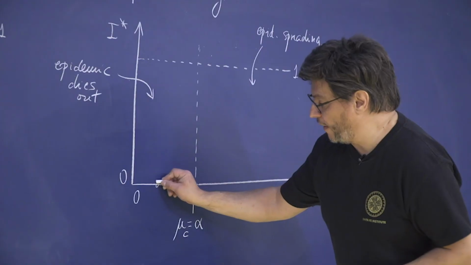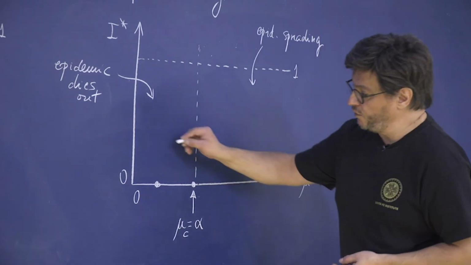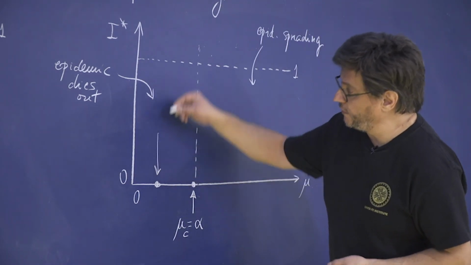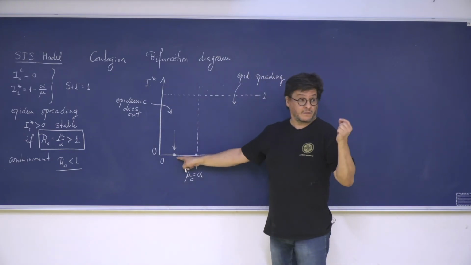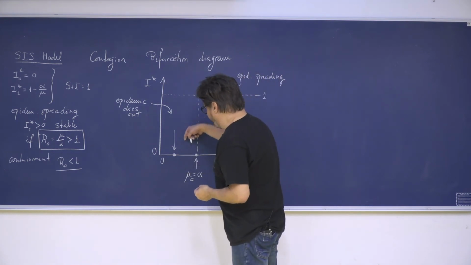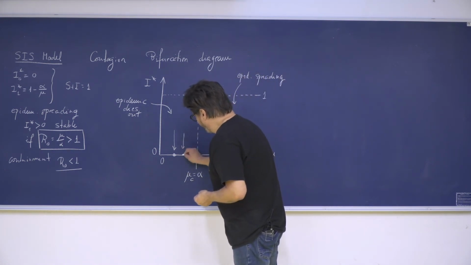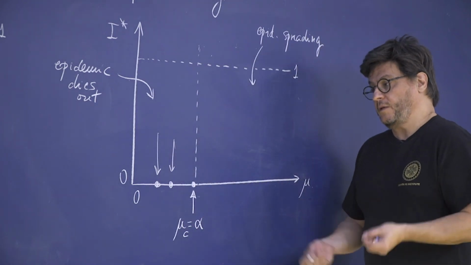If I take a given value of mu, my population is going to go down, in effect, to 0, which is the equilibrium state. No epidemics. If I take another value of mu, I'm going to go to another equilibrium state, again 0, right?